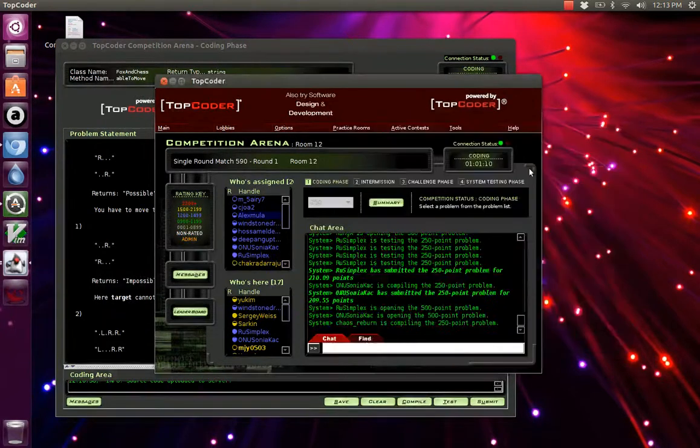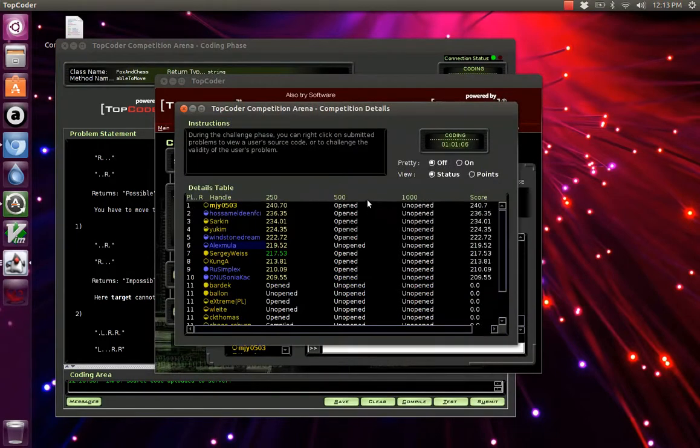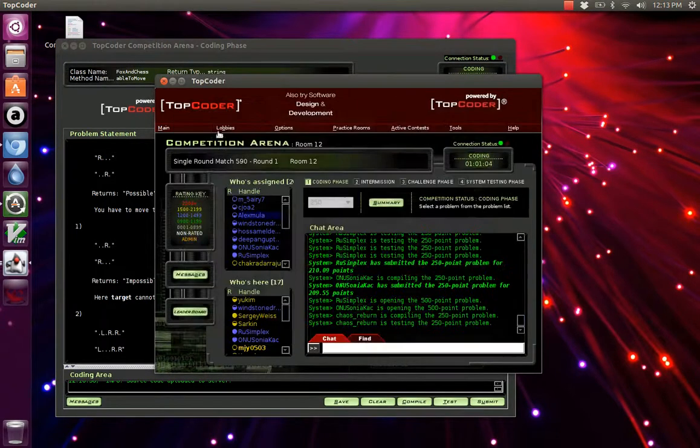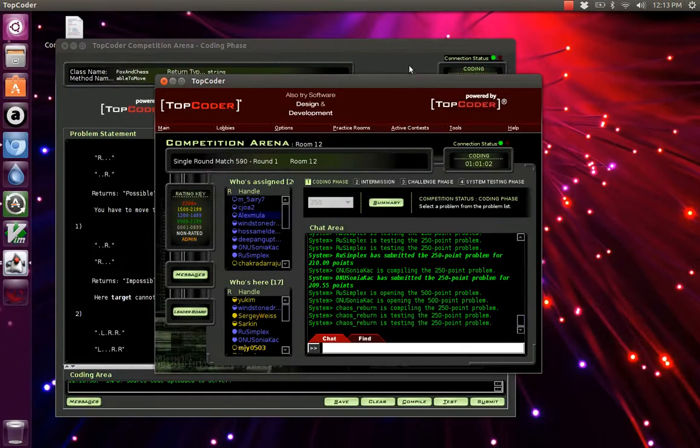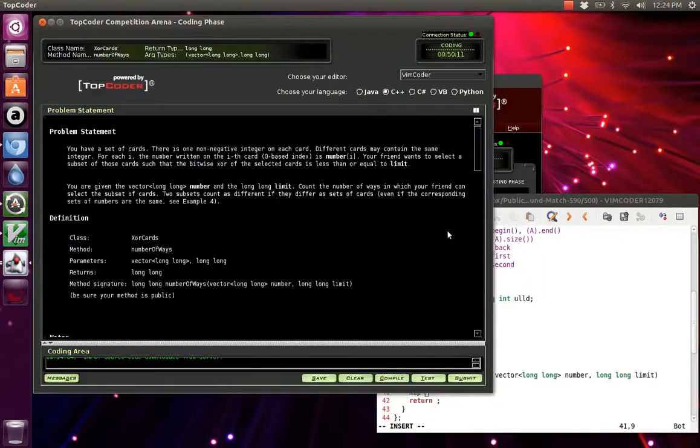So the problem is: you have some cards, you want to select a subset of those cards such that the XOR of all of them is less than some limit, and you want to count the number of ways that is possible. So let's see what I tried here.